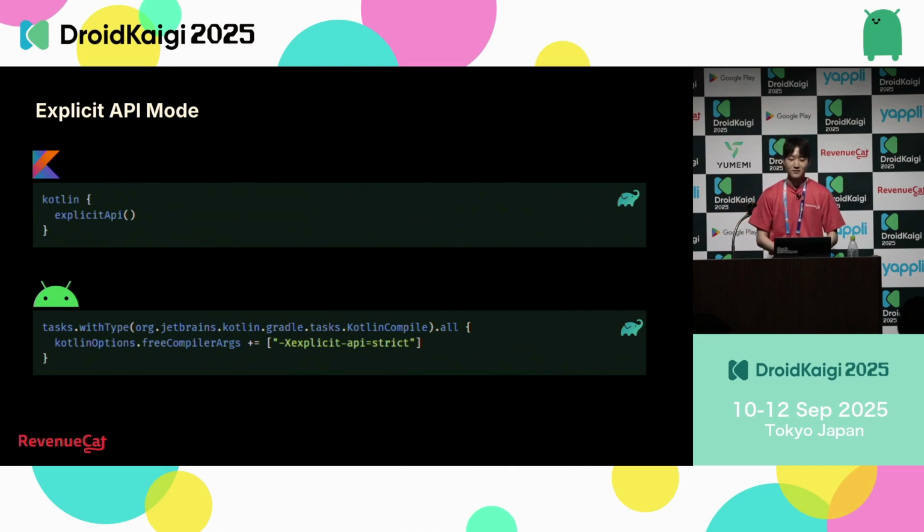Once you enable the explicit API mode in your Kotlin or Android project, it will validate if any classes, functions, and properties don't have explicit visibility modifiers, fields, and return types.